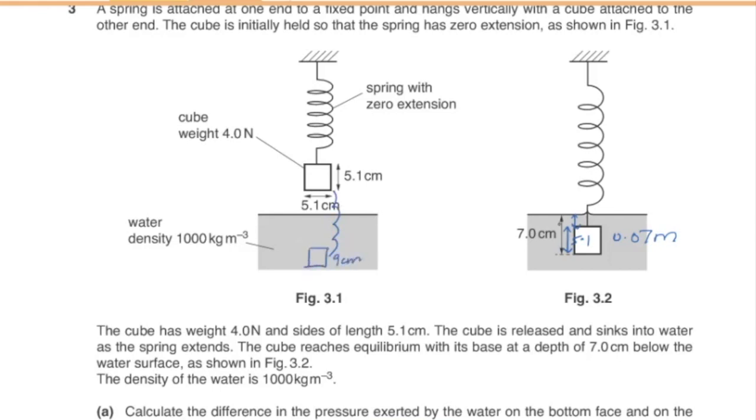And over here, you know that the cube has reached equilibrium when its base is at a depth of 7 centimeters below the water surface. So this means that this is the distance that it travels before it touches the water surface. So this is going to be the difference between this extension that it undergoes and the depth when it reaches equilibrium state. So 9 minus 7, that's 2 centimeters.